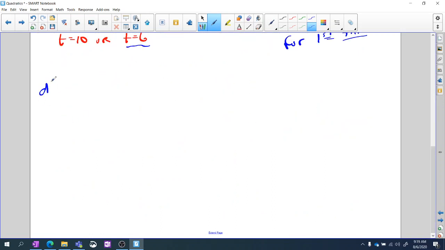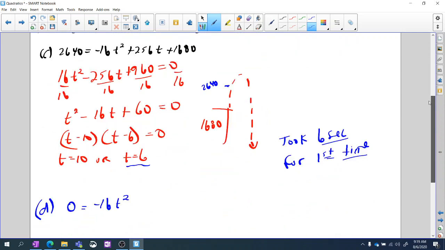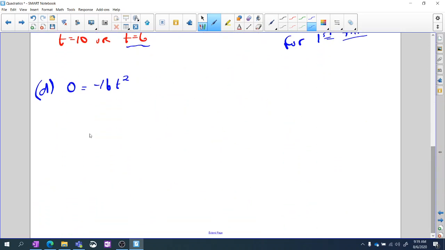Part D, 0 equals negative 16t squared plus 256t plus 1,680. Now again, I'm going to check so I know that 256 will divide by 16. It's 16. Let's try 1680.